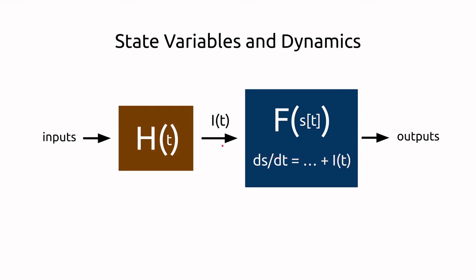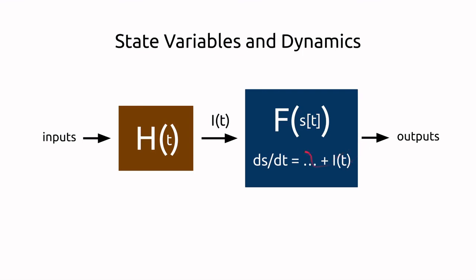So let's propose our neuron model has the following characteristics. The input current from the synapse model H updates the state variables, and we will start by saying it does it through addition. The state variables follow some dynamics, like they want to return to some equilibrium state.